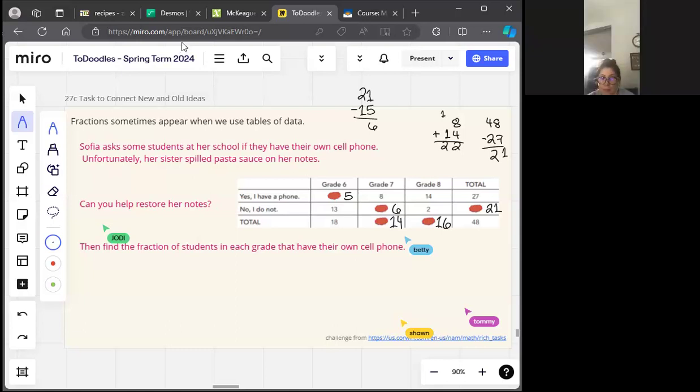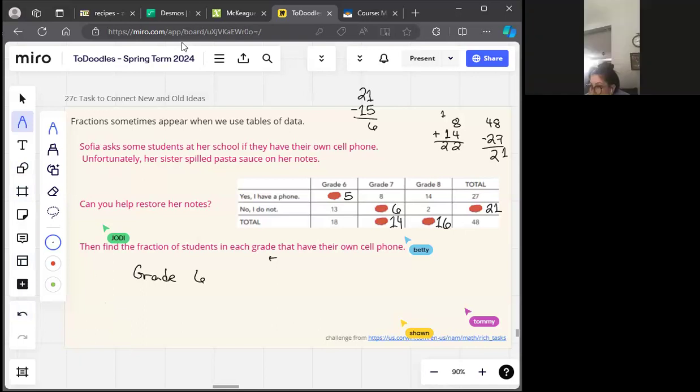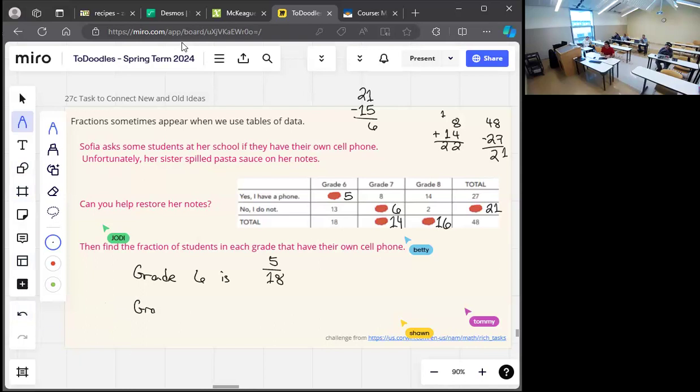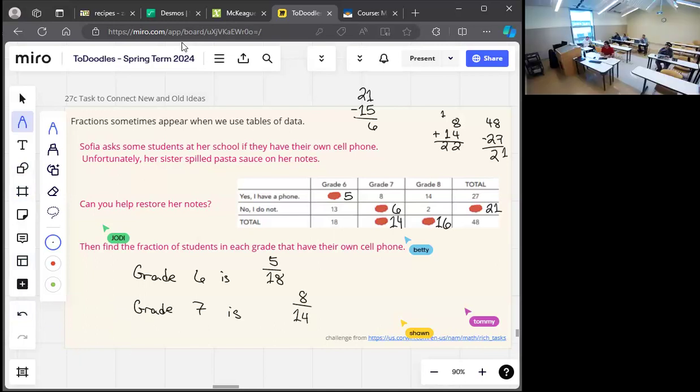Okay, and we're talking about fractions, so let's write this as fractions. What fraction of the students in grade 6 have their own cell phone? It's 5 out of 18. Grade 7, what fraction should I write? 8 out of 14.